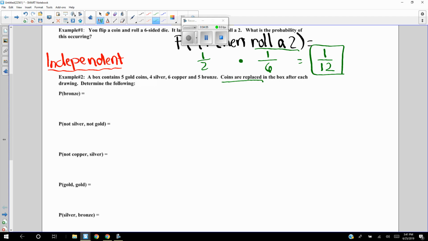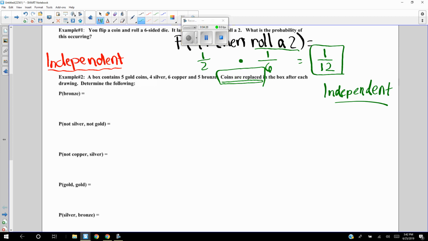But here we're pulling a coin out and we're putting it right back in. So that means these are independent events because the probability in that second pull really doesn't change no matter what you pull out that first time, because you're putting it back in the box.